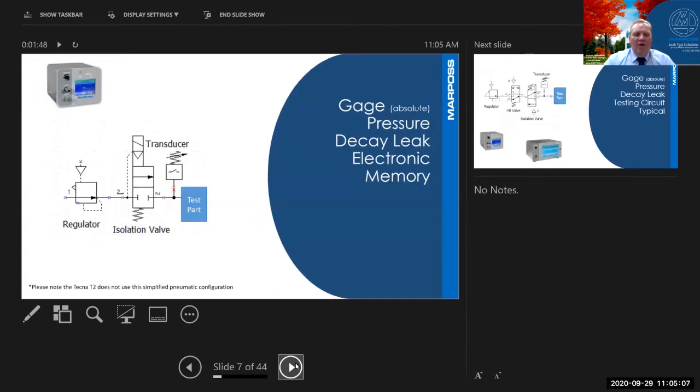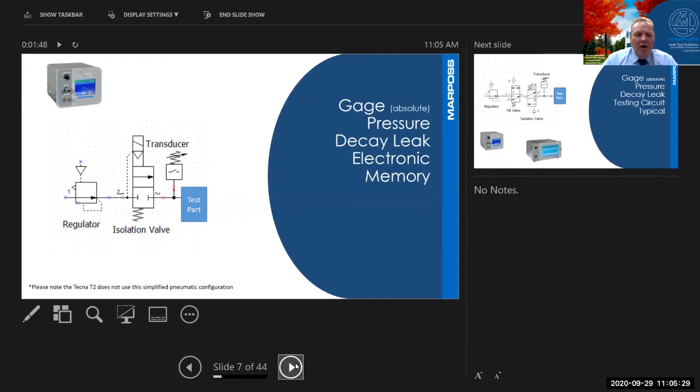So when we get into early electronic memory pressure decay leak testers, the first ones really were similar to our gauge decay testers. We had a regulator, an isolation valve, and a transducer. The difference now is that the tester controlled the isolation valve and was reading the transducer. So we've eliminated the operator. This gave us a little bit more repeatable testing.